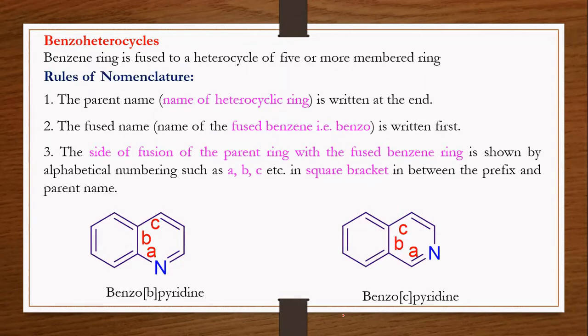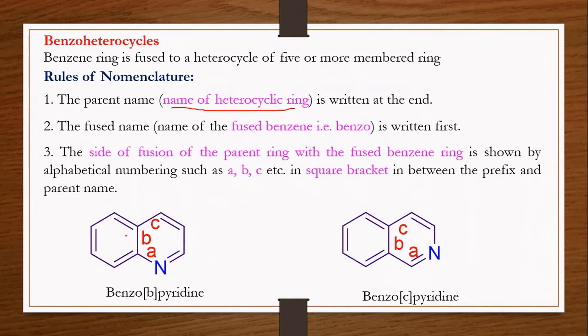Now in this case, first the parent name is written at the end. Now how is the parent name derived? The name of the heterocyclic ring is the parent name.